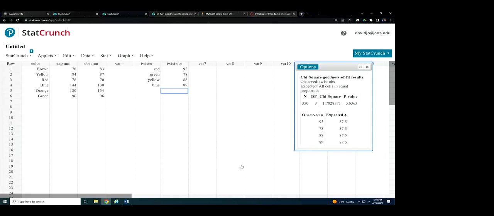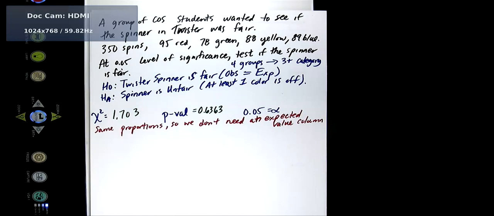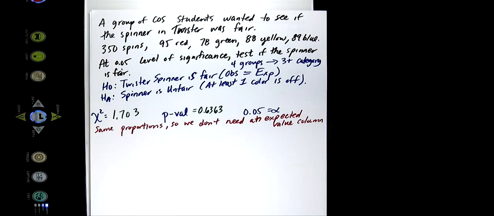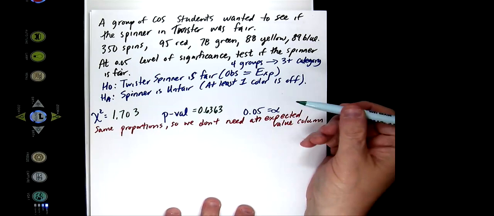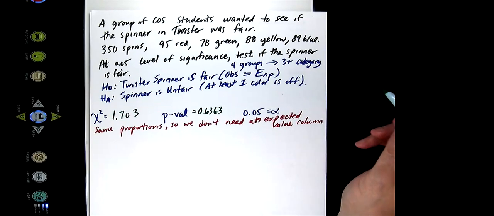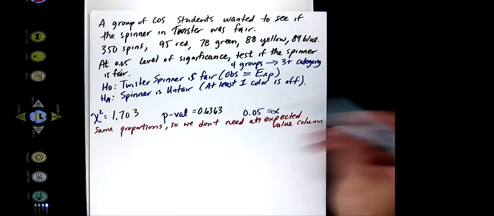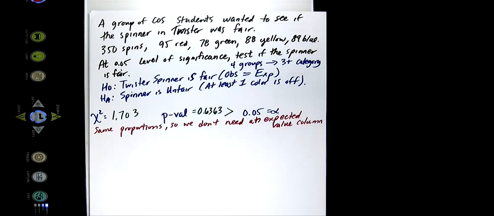So we have what we need from there. We have to make a judgment call. Is the p-value less than alpha? No. The p-value is greater than alpha.